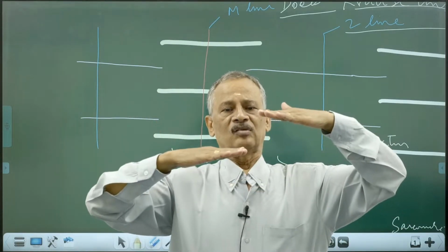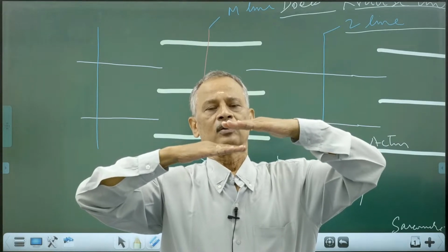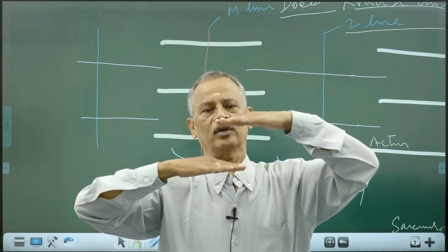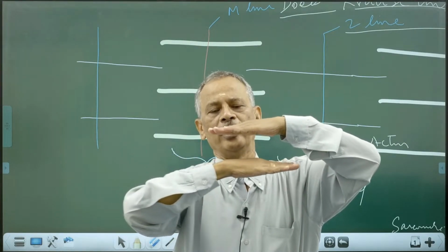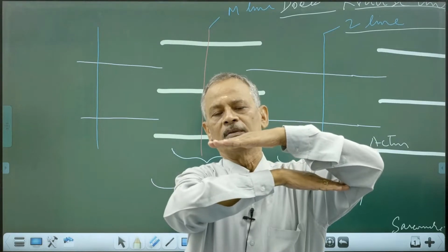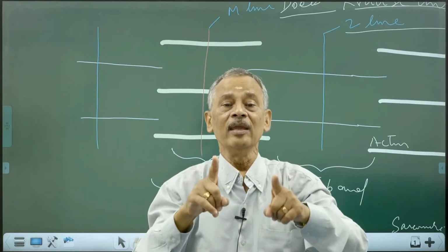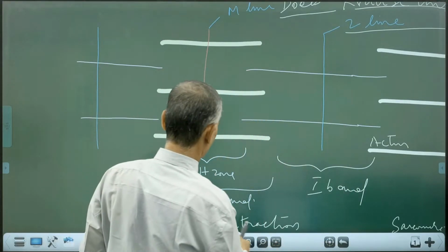So consider that this is the thin filament. Thin filament. This is the thick filament. The thin filament is sliding slowly in between, so that I band gradually becomes smaller and smaller.